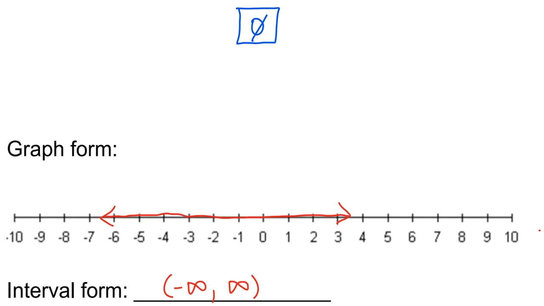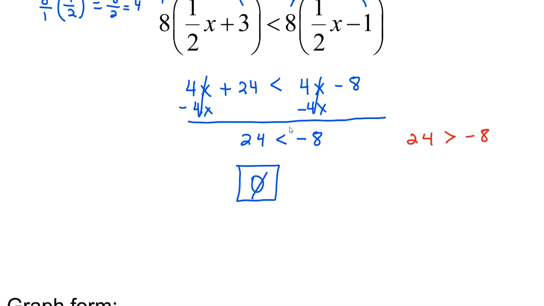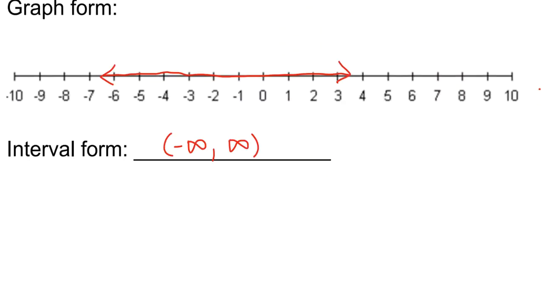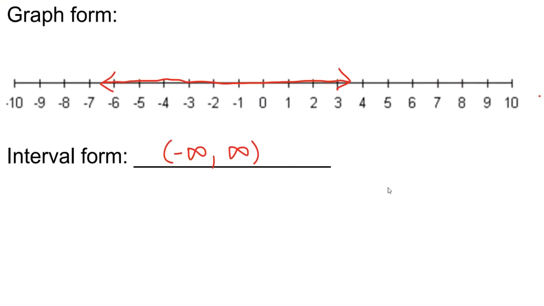And again, we look to see if our statement is true or false. If it's false, then we have no solution. We don't put anything on the graph. If it's true, then it would be all real numbers. So we graph the whole number line and put our interval as negative to positive infinity. And that's how we solve inequalities.